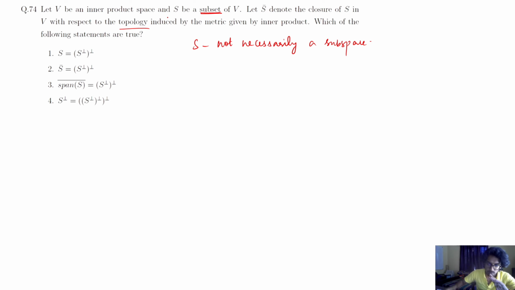So we must think of it in this way: we should have an inner product, with that inner product we must be able to define a norm, and with that norm we must induce a topology. With this we'll have to check which of the following are true.